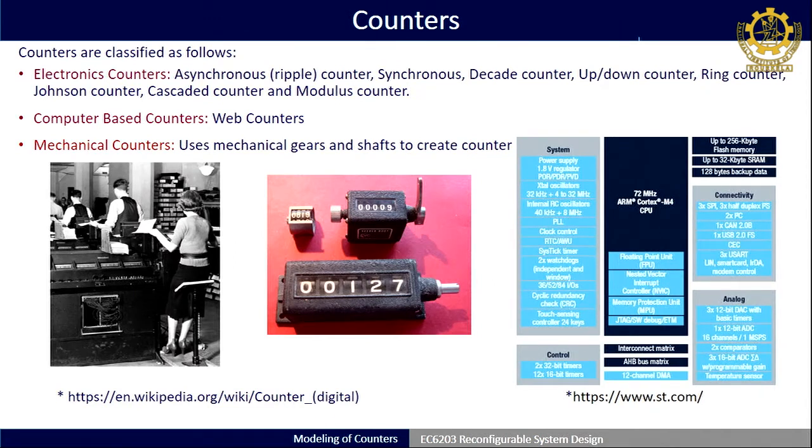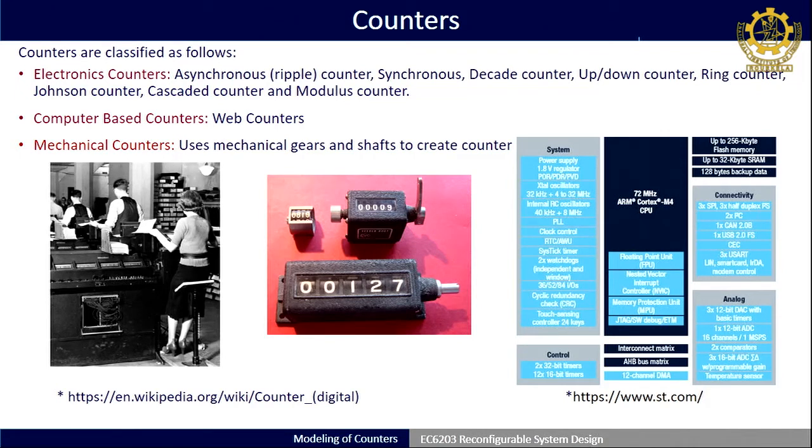This is a theoretical slide where I have taken some figures from Wiki and the ST site. It shows that long back when counters were there, and today also in the market, counters are equally important. The left side is a counter used for table addition for IBM, a generic mechanical counter, taken from Wikipedia.